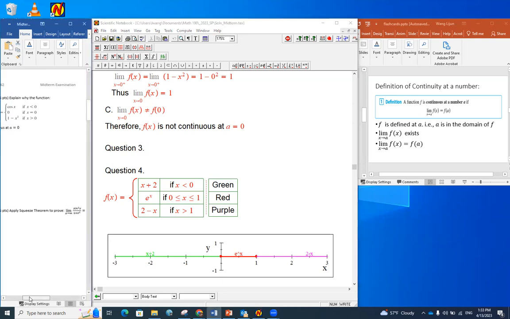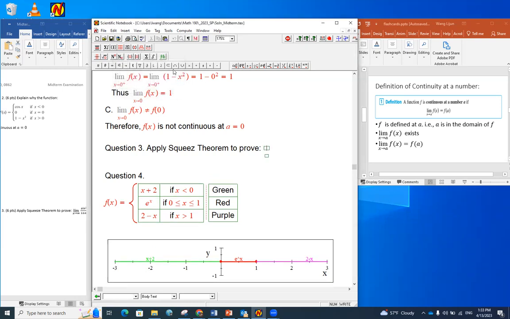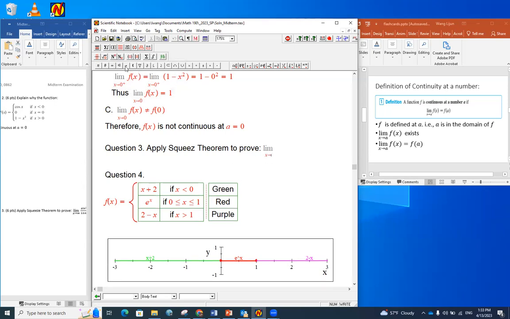Apply the squeeze theorem to prove that the limit as x approaches infinity of sine squared of x over 1 plus x squared equals 0.